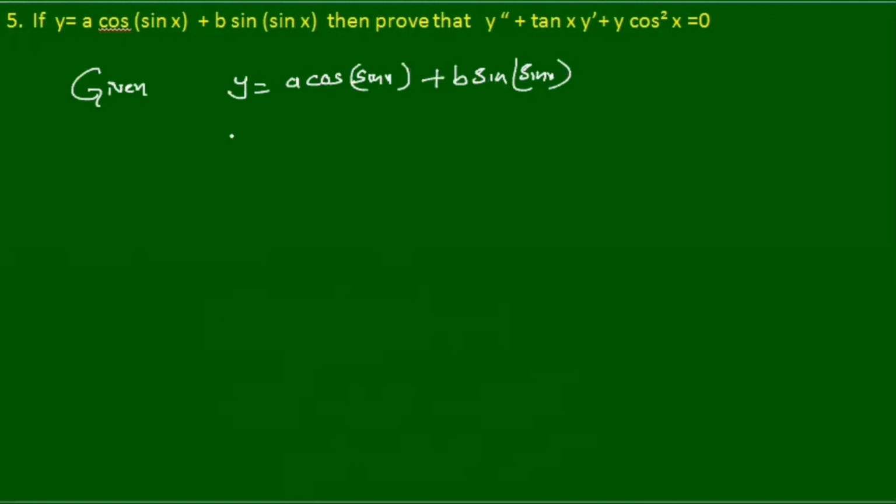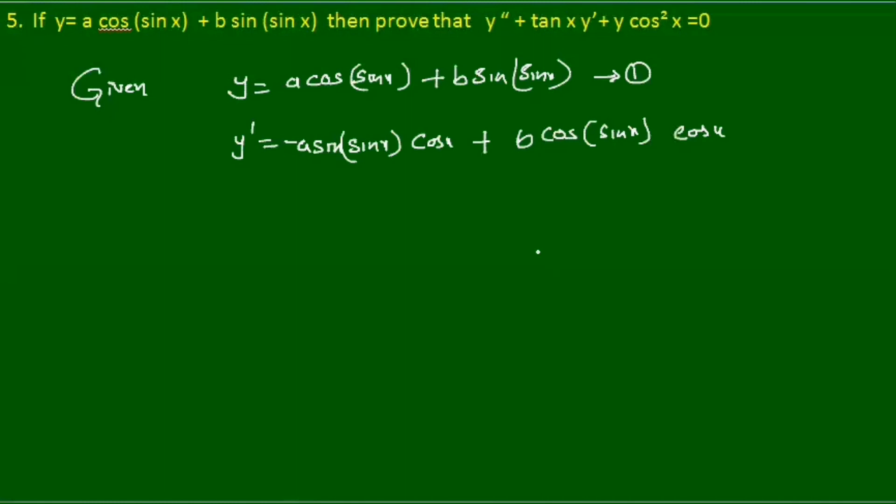y I can say as equation number 1, y dash as equation 2, right? y dash is a into cos derivative is minus sin x into again sin x derivative is cos x, plus b into cos, the sin derivative is cos of sin x into sin x derivative is cos x. Okay, this is number 2, right? We can differentiate again, go for y double dash.